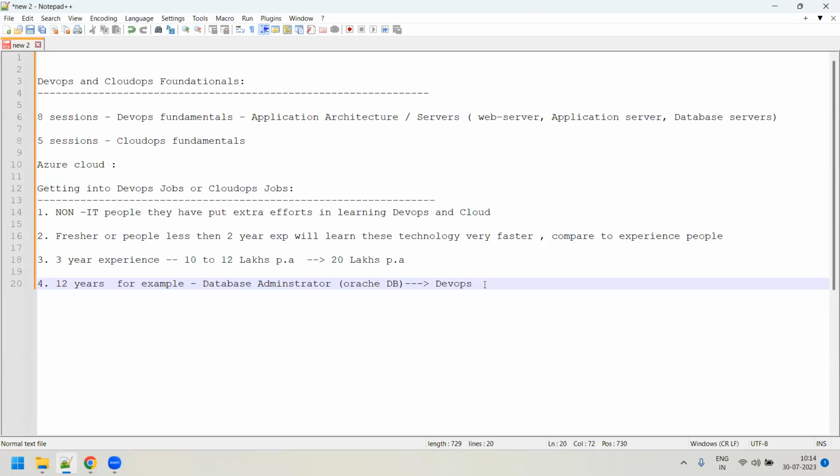So people from many different domains are switching into DevOps and cloud. Clear, guys? It's very simple. People can learn all these tools and technologies and switch easily. That's not difficult. Clear?